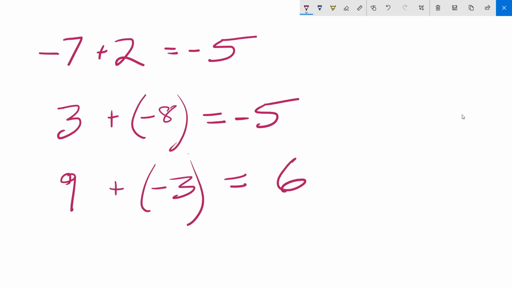What sign goes on it? Positive. Okay. You got it. That's all you do. Whenever you have a negative number being added to a positive number, you subtract the two numbers, and you put the sign on it of the larger number. Simple as that. All right, what else you got in the way of problems?